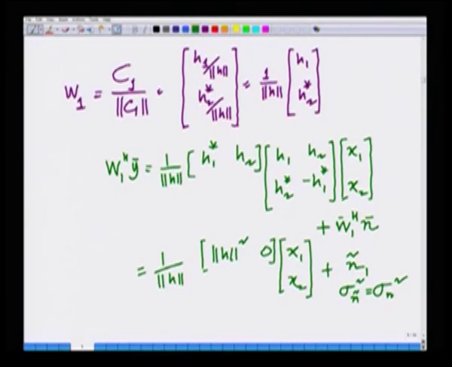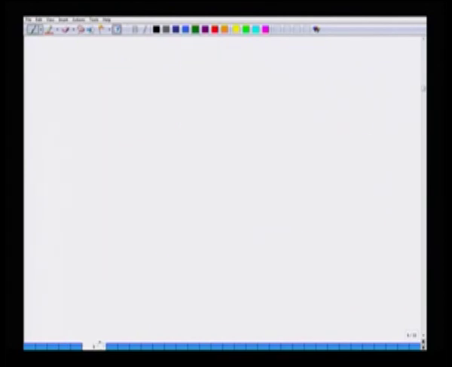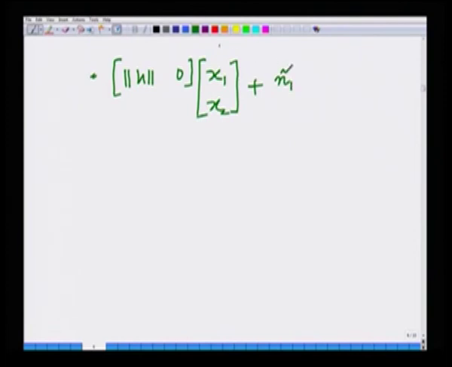Hence, this equivalent system model is nothing but norm H square divided by norm H, comma 0, into x1, x2, plus n1 tilde. This is nothing but norm H into x1 plus n1 tilde.